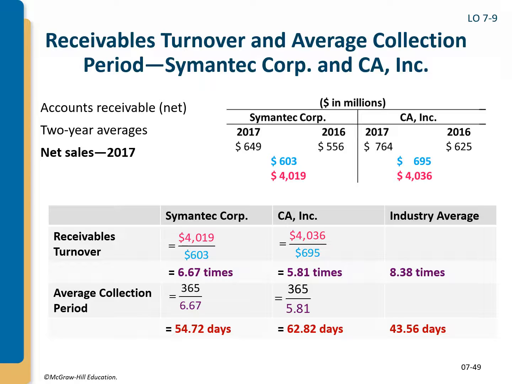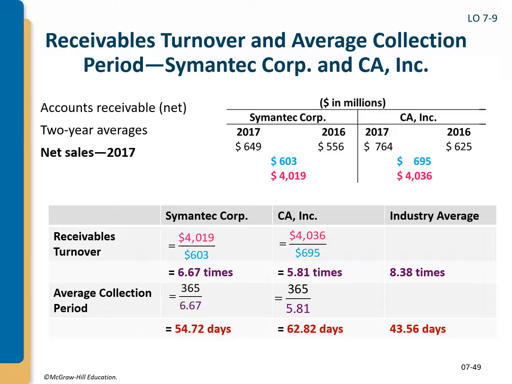So 603 is the 2-year average for accounts receivable. Divide that into net credit sales, 6.67 times. So this company collects on its accounts receivables on average 6.67 times, and it takes them about 55 days from the date of sale to collect the cash.